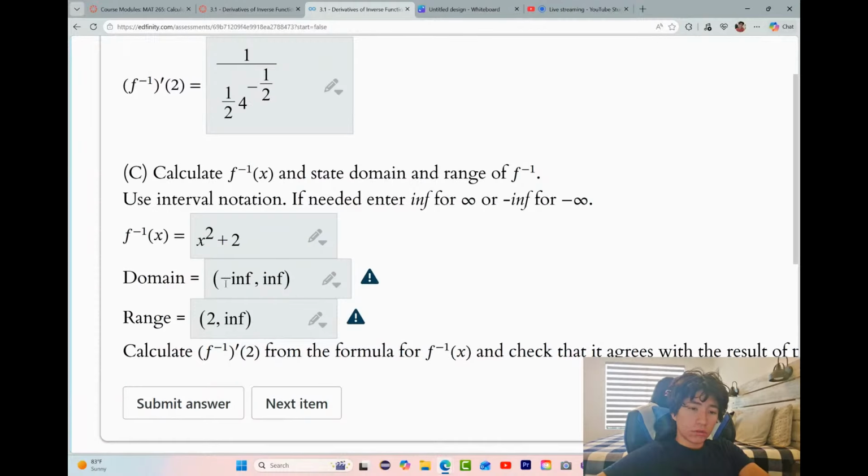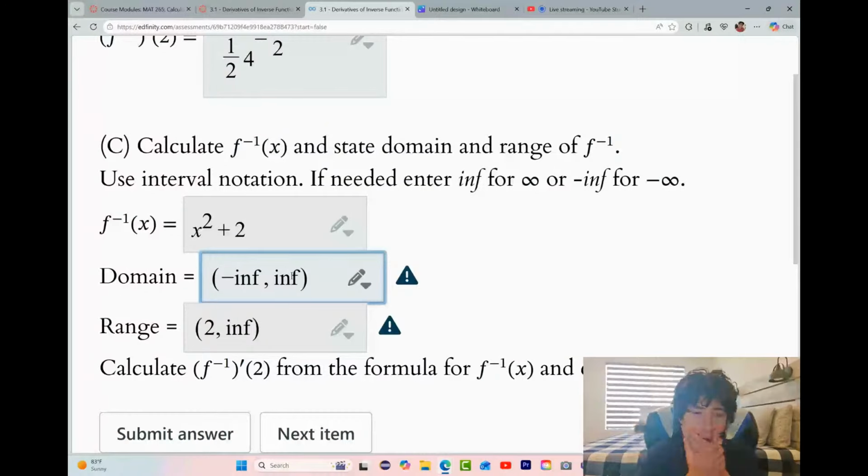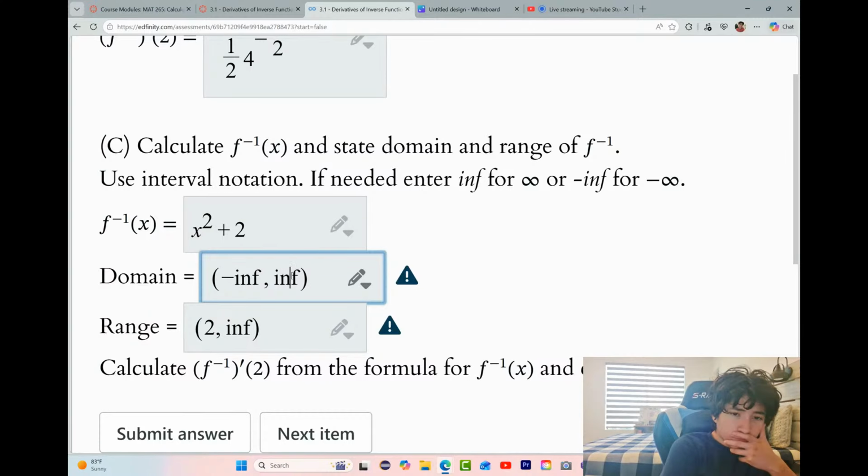Huh. So the domain. Input values. Why is that not negative infinity to infinity? To infinity.